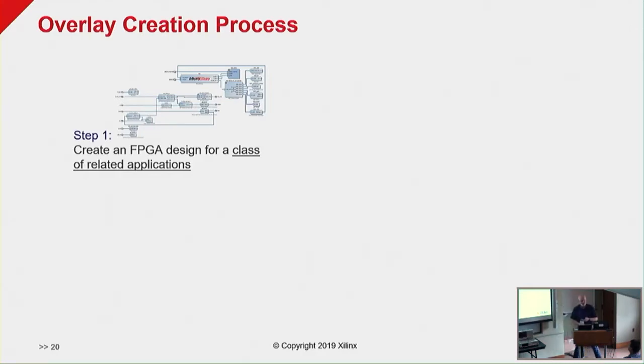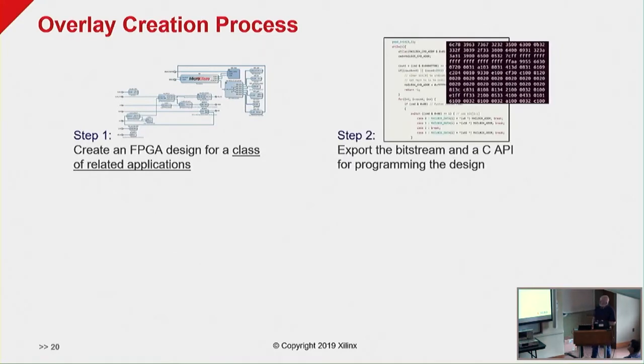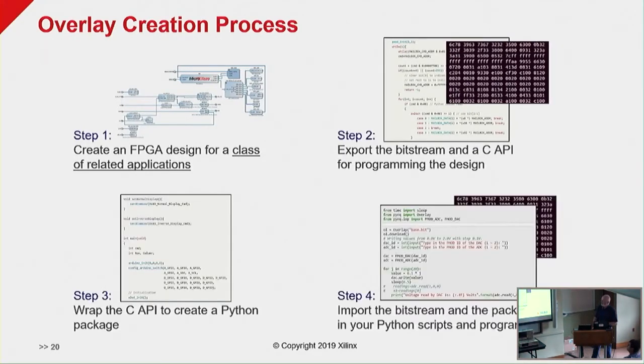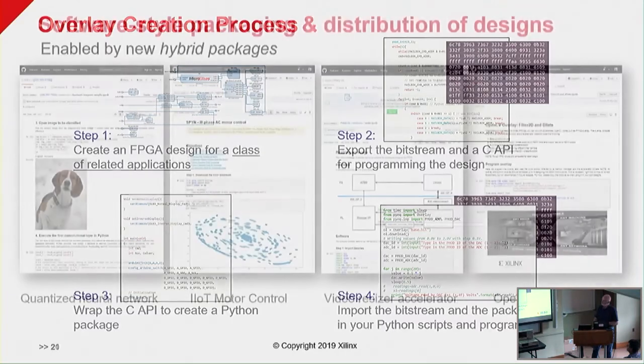So that's the way we're thinking here. And so we wrap that in our C API and we create a Python package for that, and then we import that along with other libraries. And so this is what we've been doing with PYNQ. It's a way of delivering hardware functionality along with software functionality from the experts who know how to do the hardware to the broader community of software folk who may not.